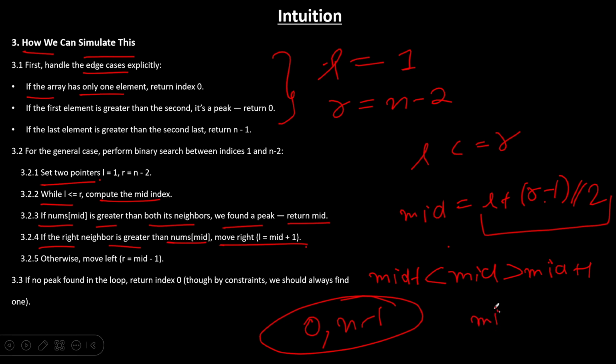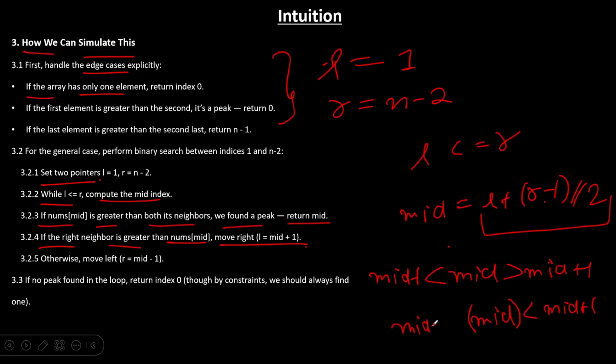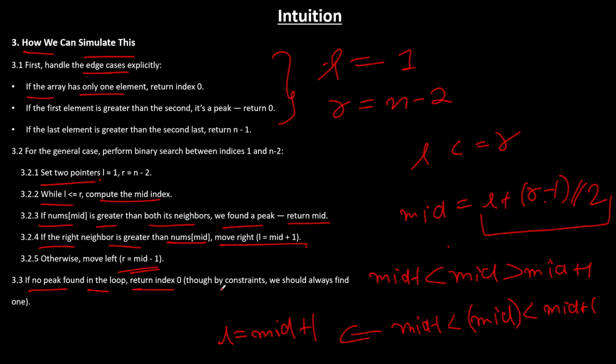Basically, if the mid value is less than mid plus 1, we go to mid plus 1. Otherwise, we go to mid minus 1. If no peak element is found in the loop, we return index 0, though by constraints we should always find one. This is how we are going to simulate this particular problem.